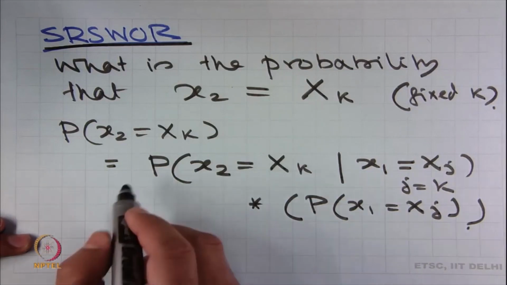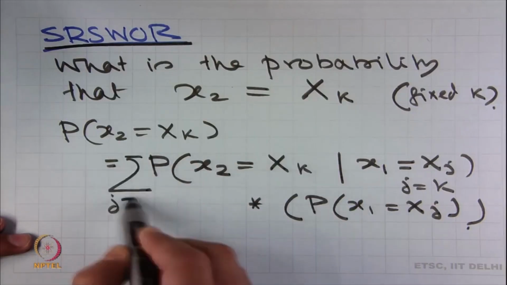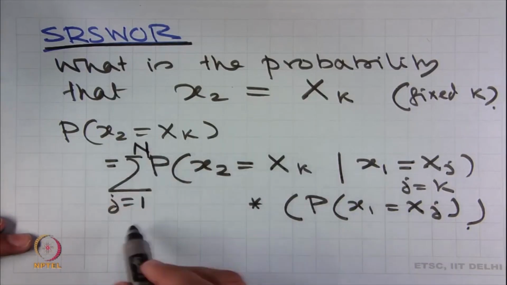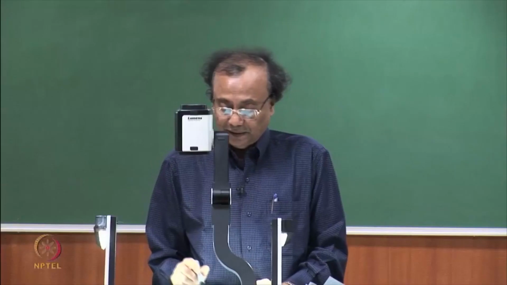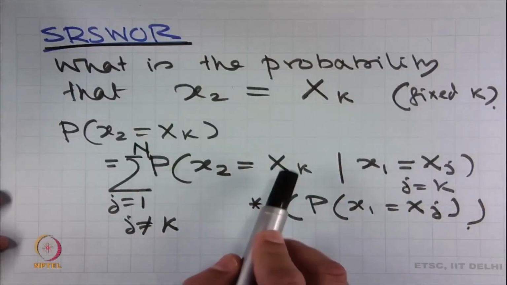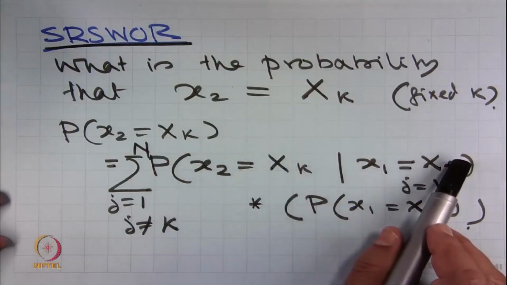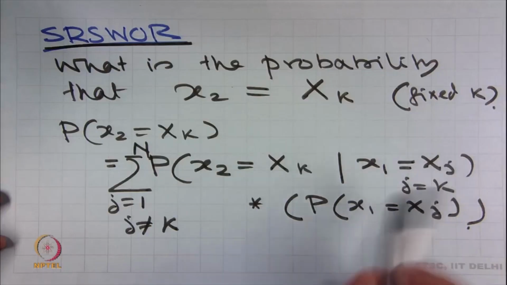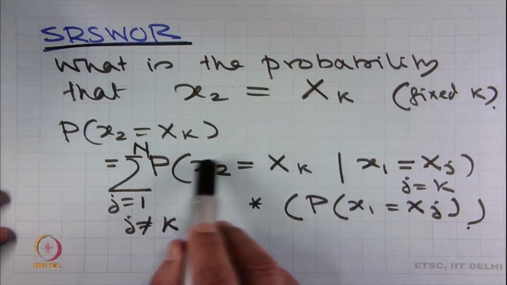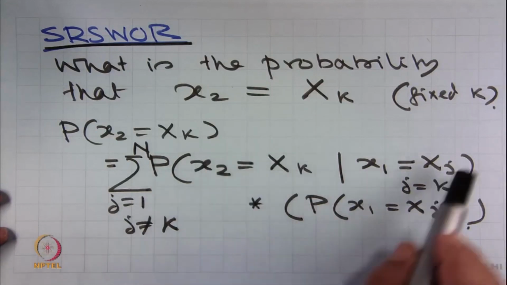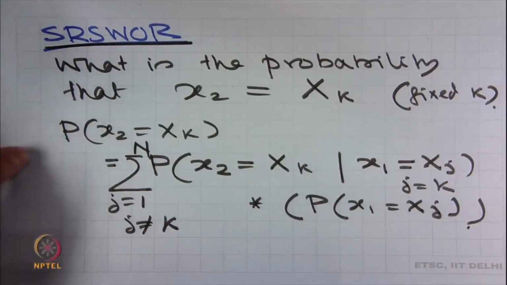And this we need to sum over all j, j equal to 1 to N, j not equal to k, because it is without replacement. Therefore, second sample can be x_k if the first sample is something different from x_k, and given that, the second sample is actually x_k, and this has to be multiplied by the probability that the first sample is x_j.